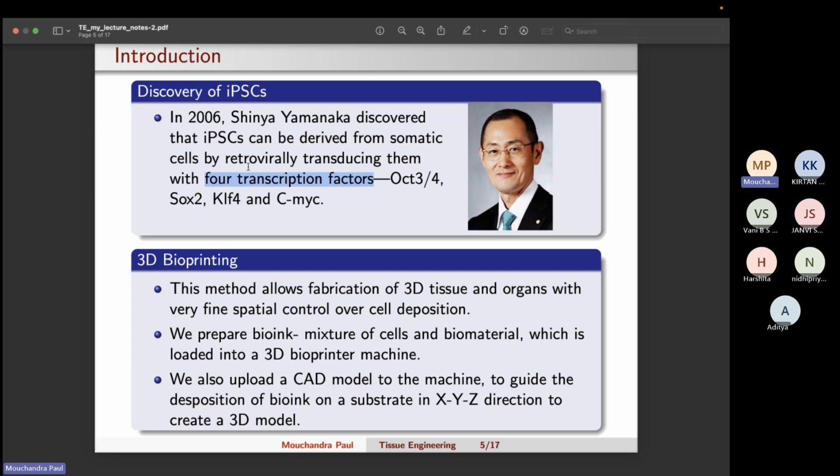What we saw is that when these four transcription factors were expressed at an optimal level, the characteristics of that adult cell changed.